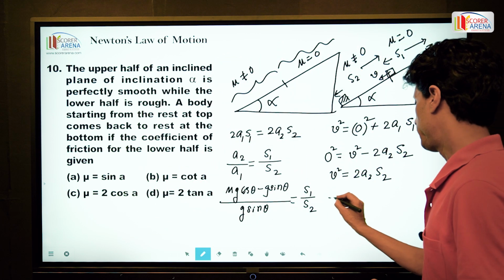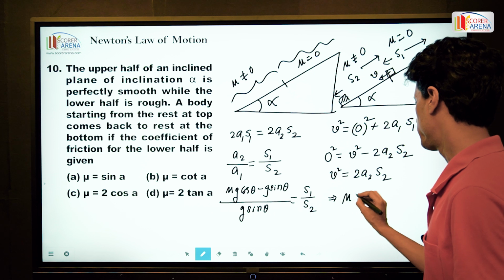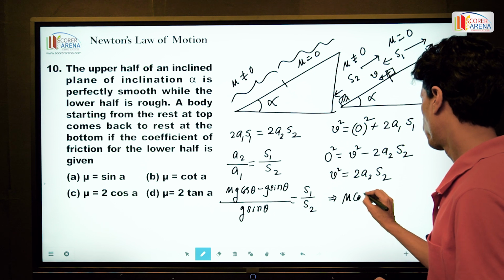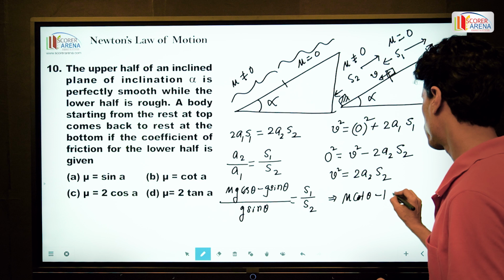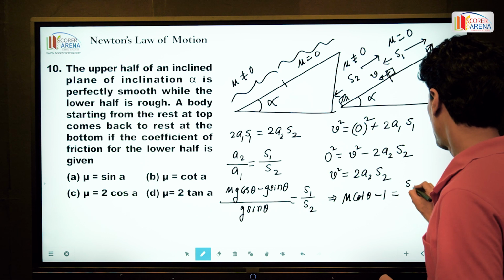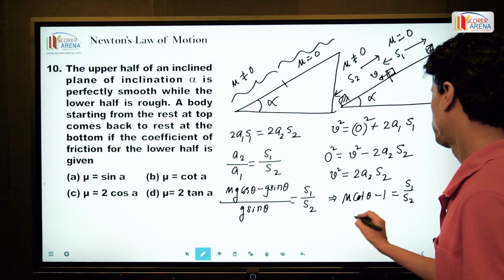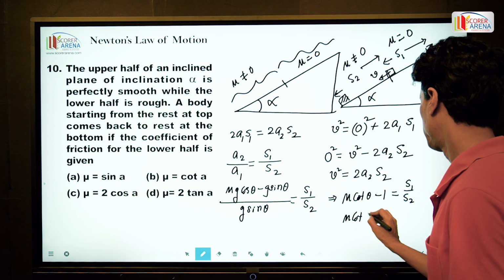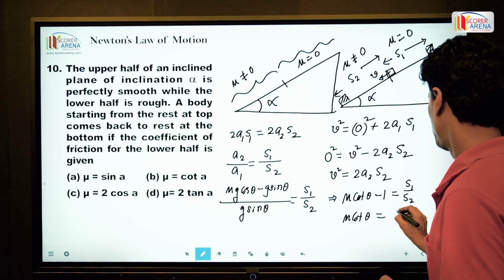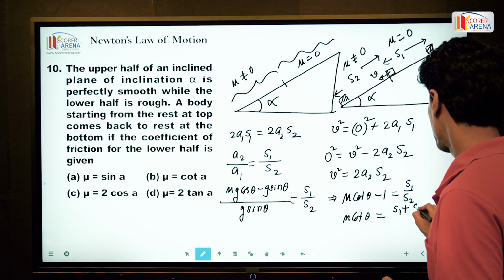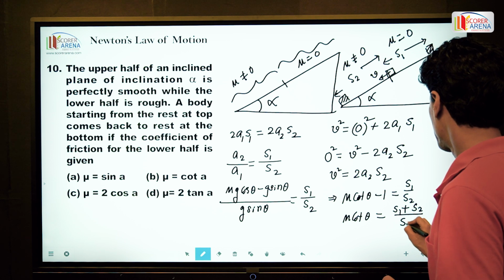By simplifying, it is mu cot theta minus 1 equals s1 by s2.